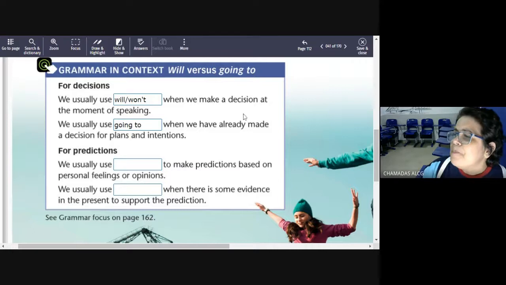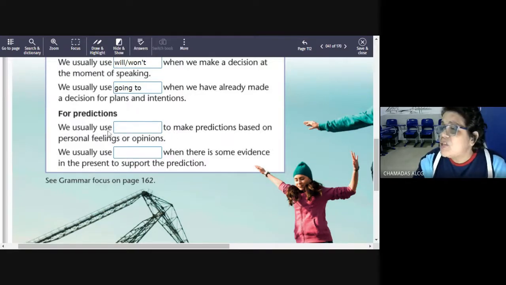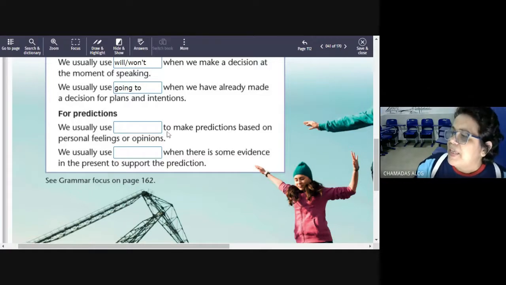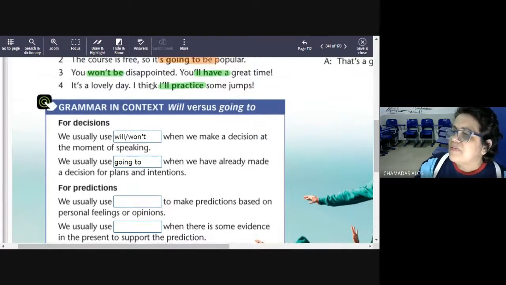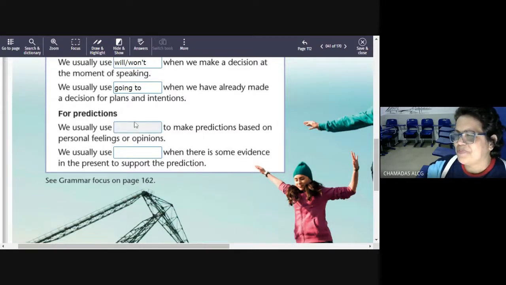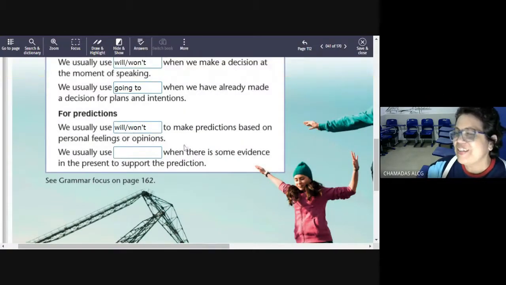All right, so for predictions, look, we usually use will to make predictions based on personal feelings or opinions. So, like here, for example, I think, right? So, which one should I use? Will or won't?